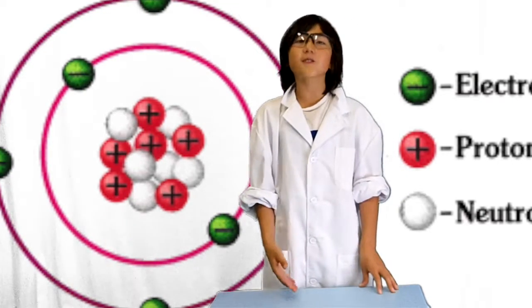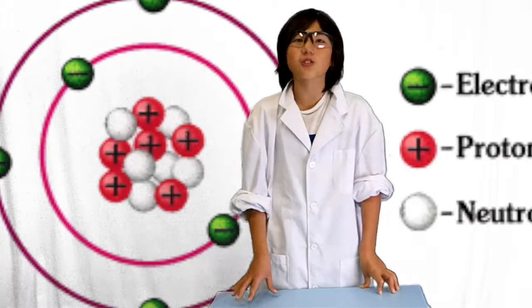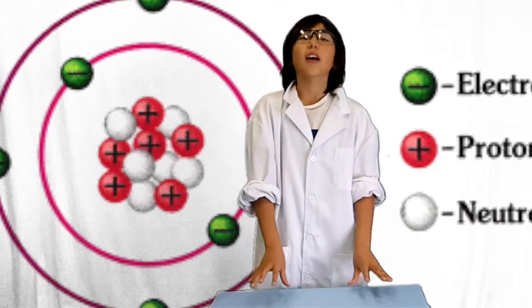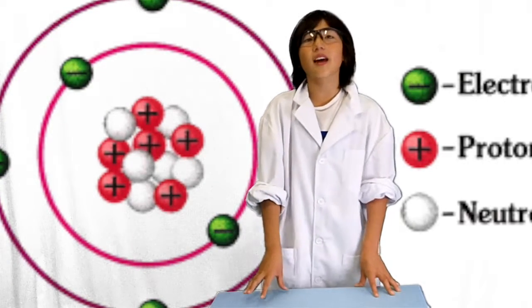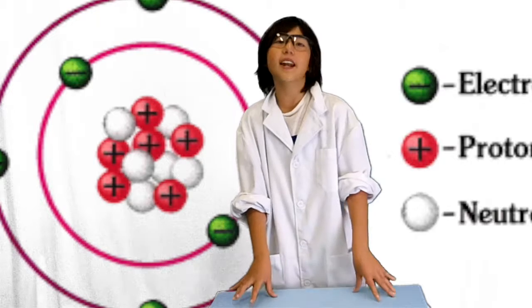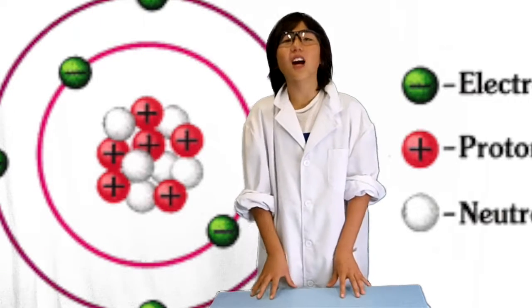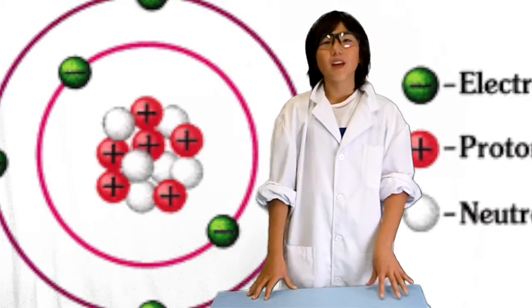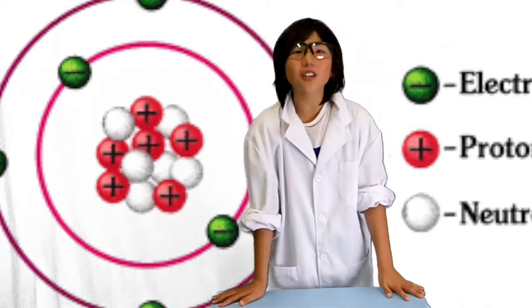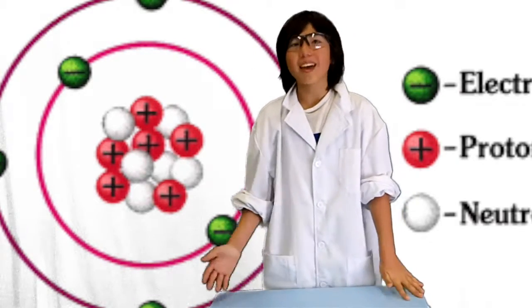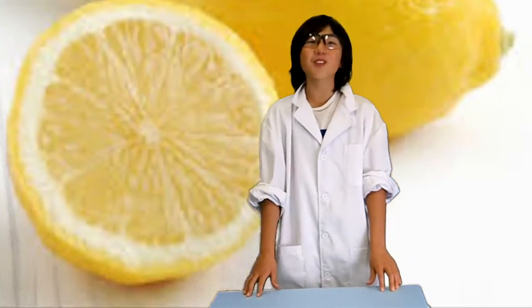It just finds another atom and shoots towards it, kicking the other electron out of its atom, and that goes on over and over. Other things can also conduct or make electricity, like potatoes and lemons. Yes, you heard me right. I said potatoes and lemons.